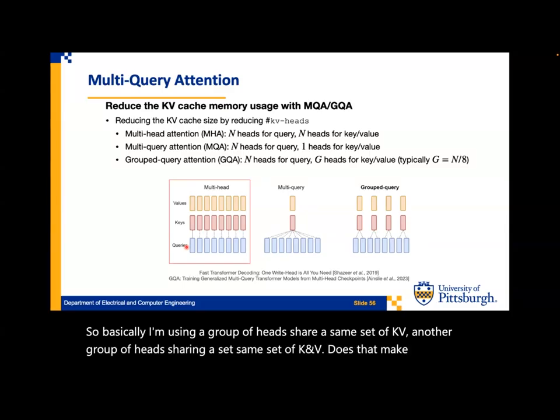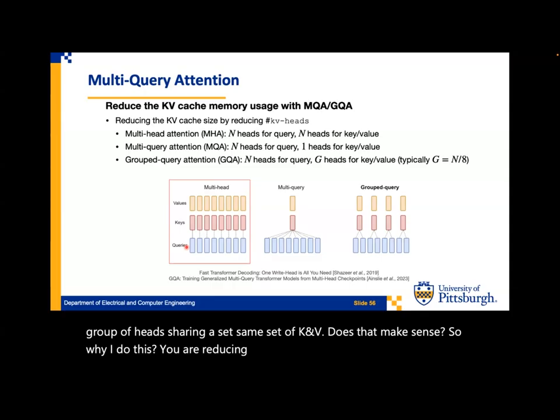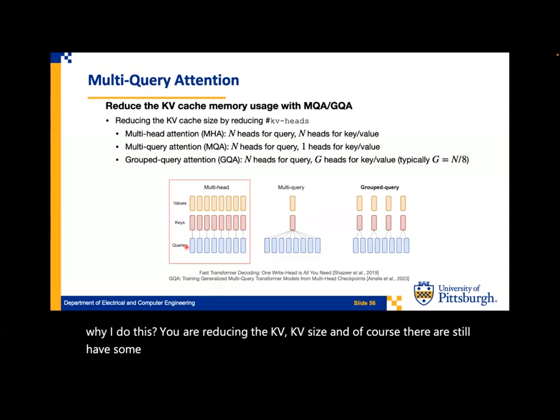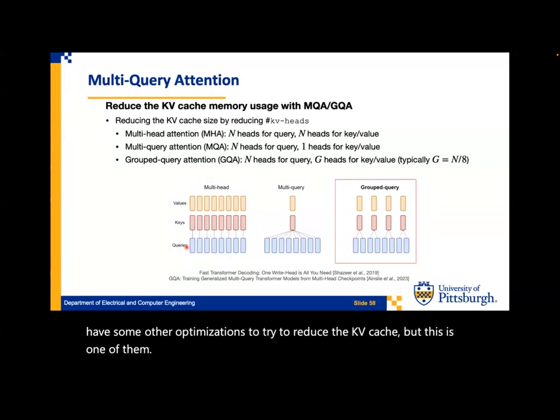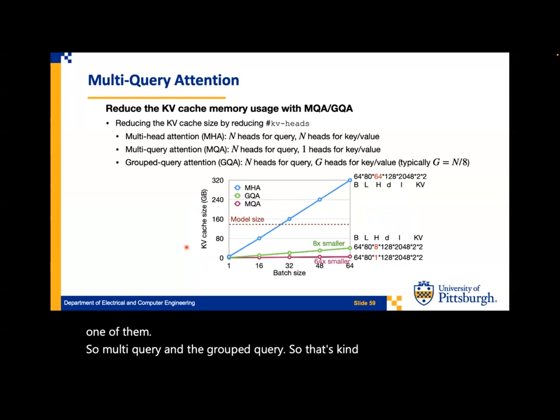By doing this, you are reducing the KV size. Of course, there are some other optimizations to try to reduce the KV cache, but this is one of them. So there are multi-head, multi-query, and grouped query. That's the idea.